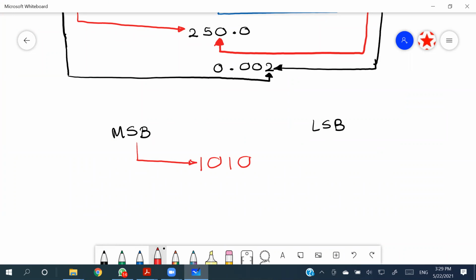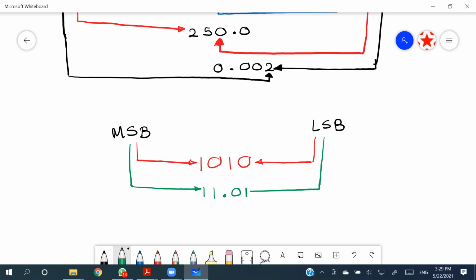So this is going to be MSB, and this is going to be LSB, right? Then 1.01, this is going to be MSB, and this is going to be LSB.